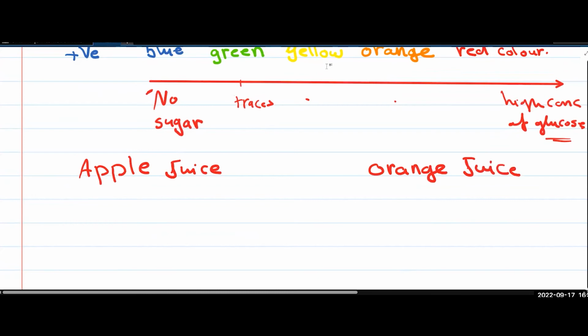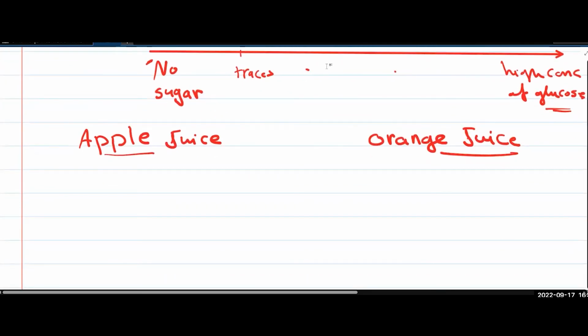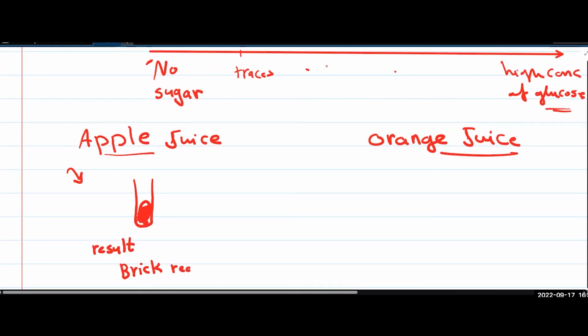I have two samples of food. In that one I added Benedict reagent, and the result here was brick red color.